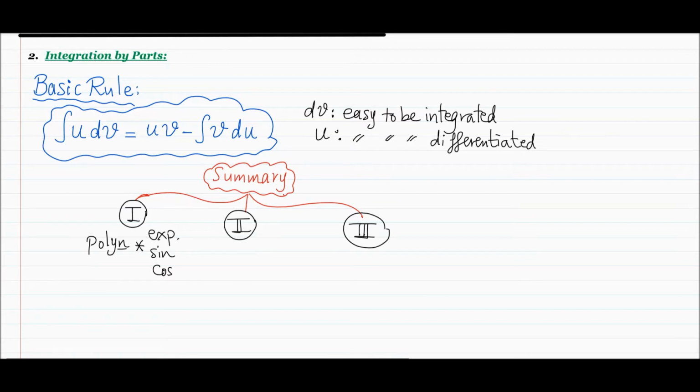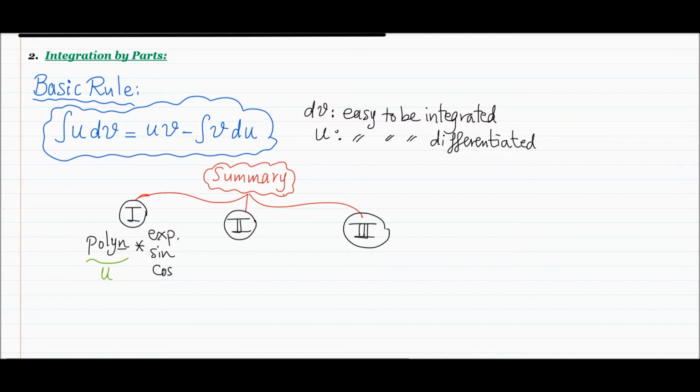For sure, you can differentiate the polynomial, the exponential, sine and cosine. But the polynomial has a great property that after differentiation it will be 0. So the derivative of x squared will be 2x, again will be 2, again will be 0. So the better selection for this problem is to select your polynomial as u.